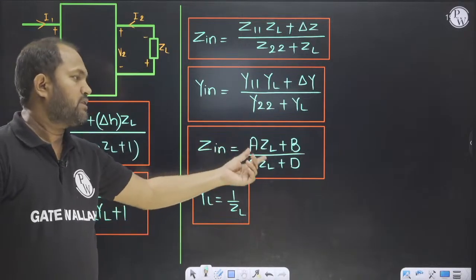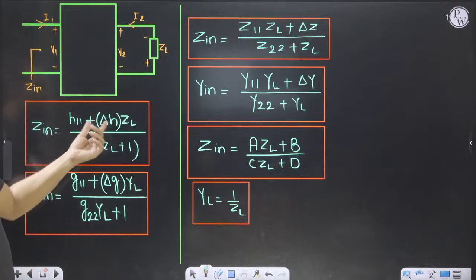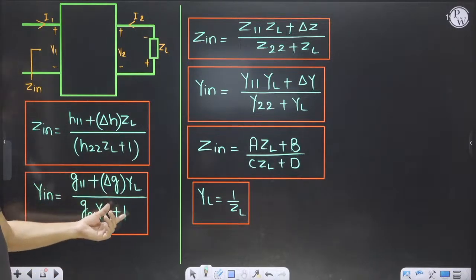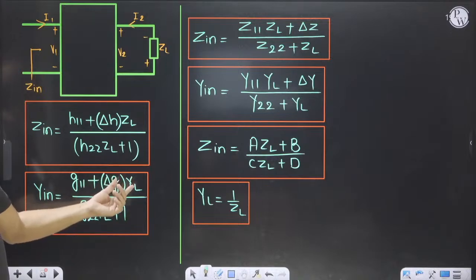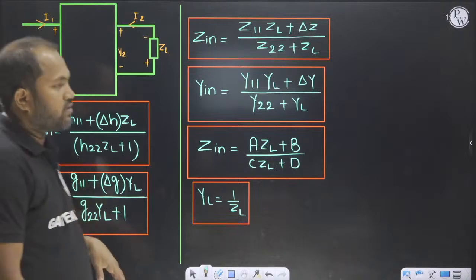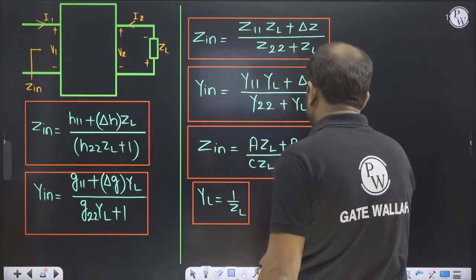Here with ABCD parameter and ZL given, you can easily find it. With H parameter and ZL given, you can easily find it. With G parameter and ZL given, ZL is nothing but 1 by YL. This is not a big deal.